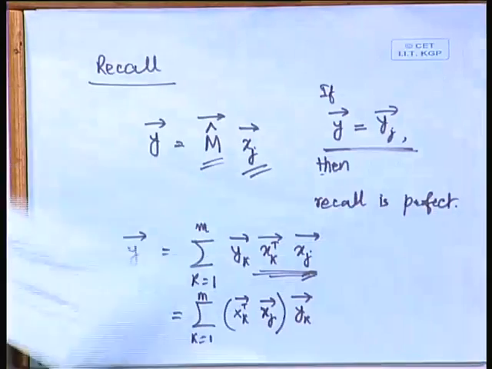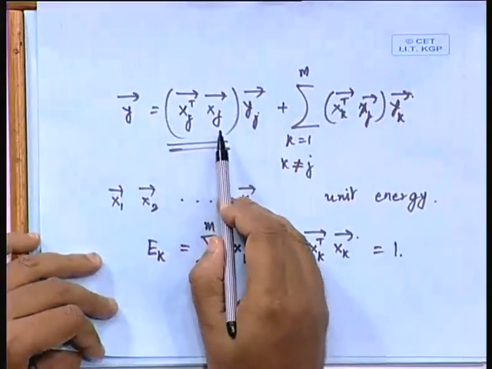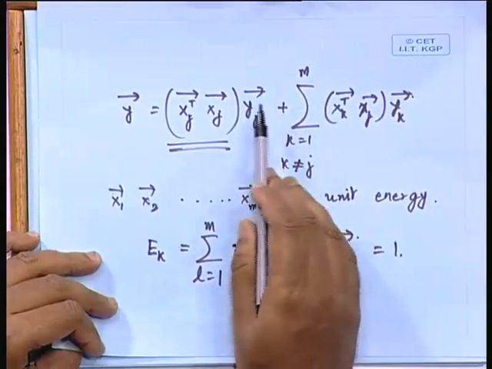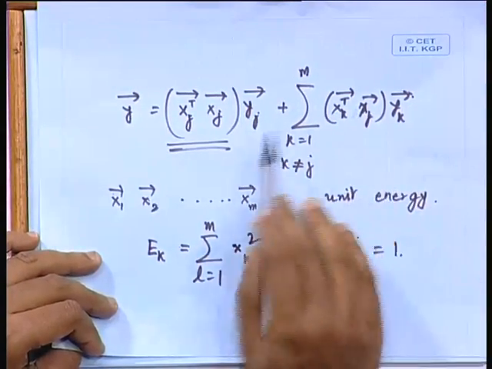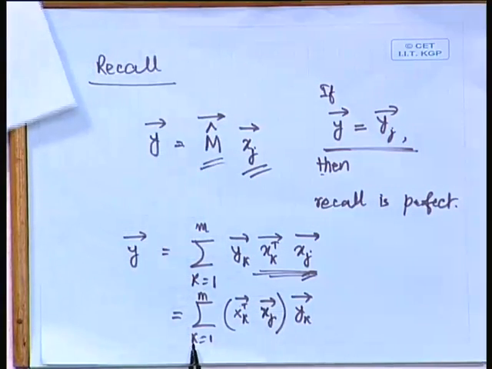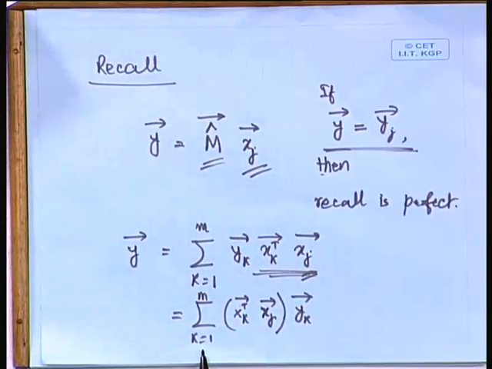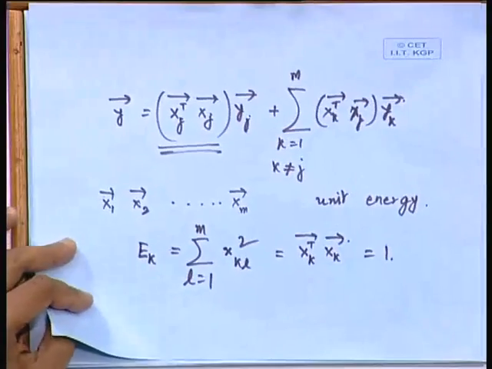So, from this expression, by substituting k is equal to j, we were obtaining Xj transpose Xj times Yj, all vectors mind you, plus the summation term remaining as it is, except that here we are summing for k not equal to j, for k is equal to 1 to m, right.